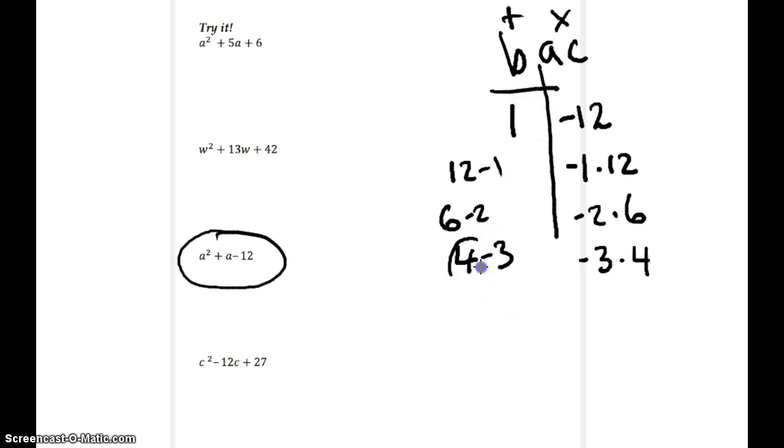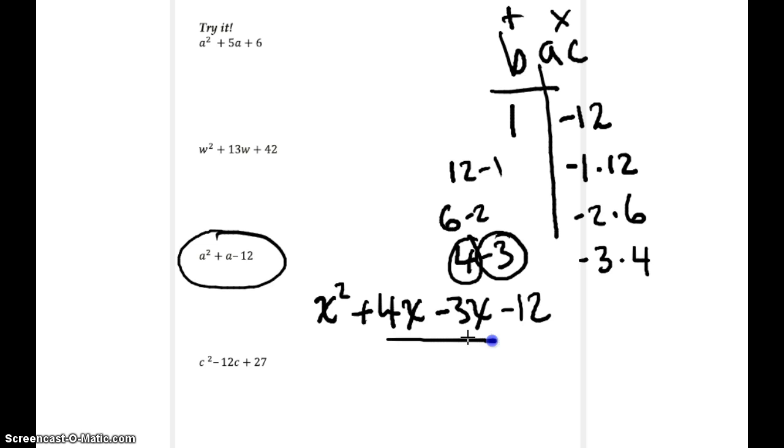So I now know that my component comes from 4 and negative 3. So x squared plus 4x minus 3x minus 12. And I hope you can see that I'm just rewriting this middle component every single time with the two components that it came from.